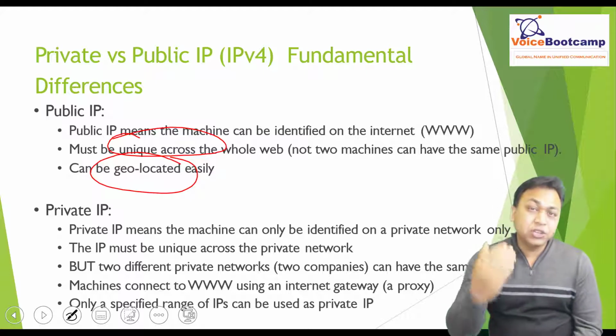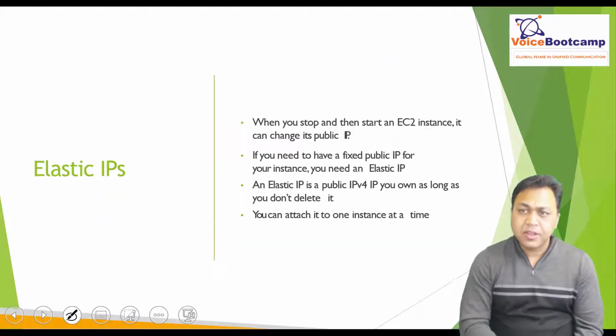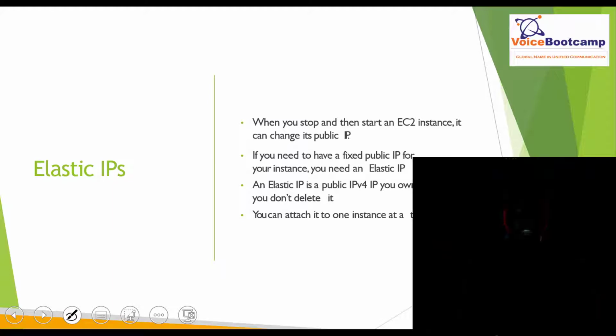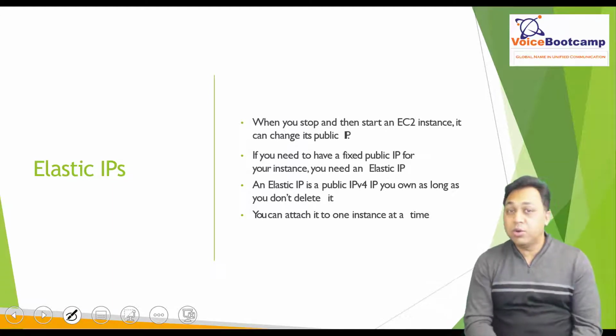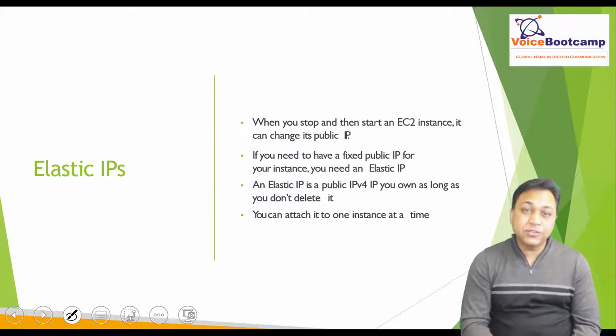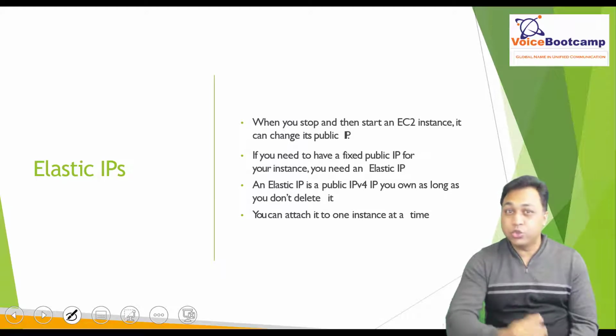Now, a machine connected to the internet must be converted to a public IP address. All right, so this is where the elastic IP address comes in. Amazon provides you a dynamic IP address, but it will change the moment you reboot the server. You get to assign an elastic IP address, your own dedicated IP address, which you pay for, about $5 a month, unless you associate that IP address to a server.